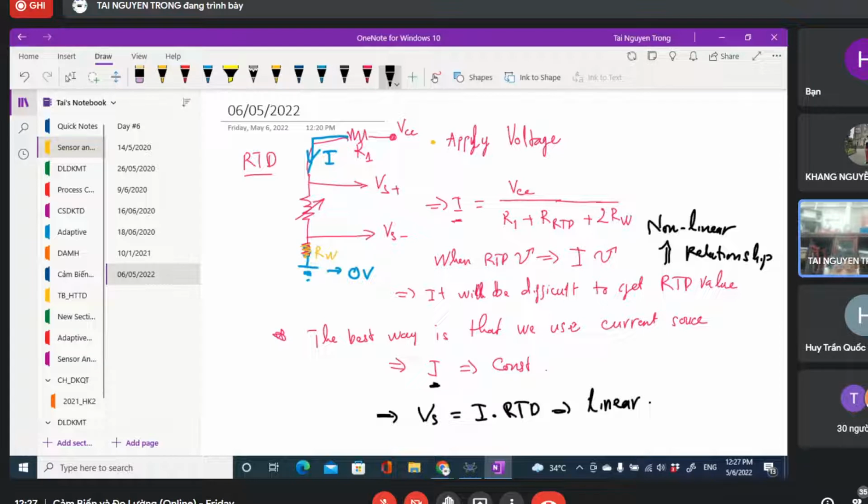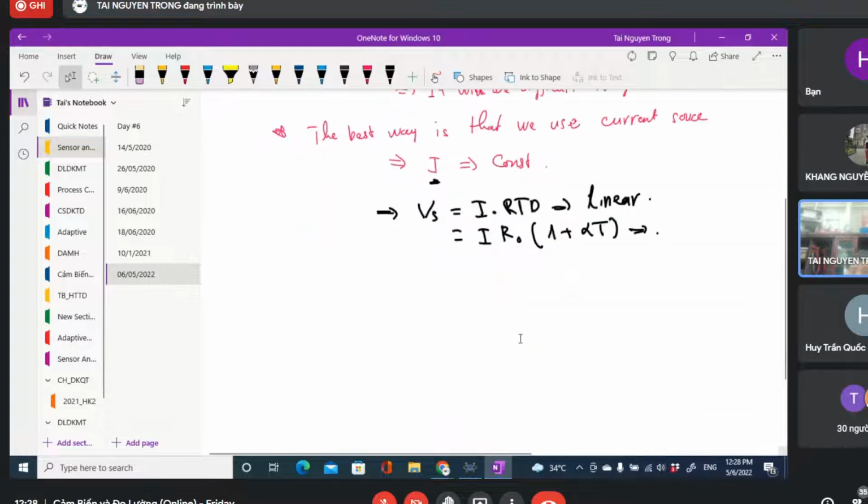It will be linear to I multiplied by R0 and 1 plus alpha t, and this is a linear relationship. Okay, and it will be easier for us to take a calculation for t. And that's how we use a current source.